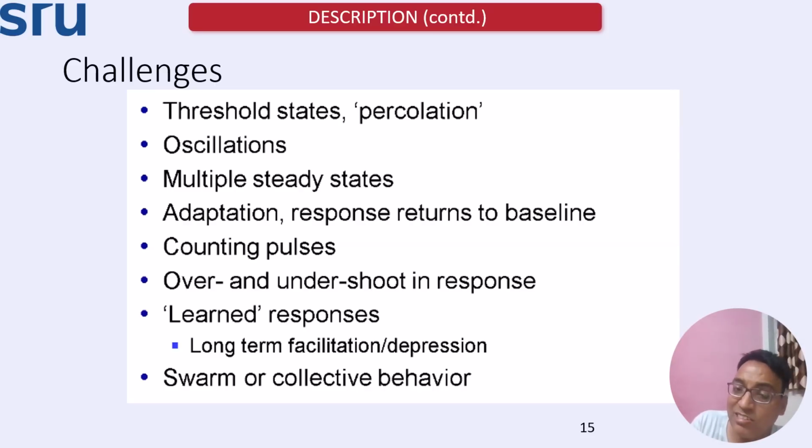But what are the challenges coming up here? Now see the challenges. I hope you might have already understood. The threshold states, the percolation, the variables are too different. The variable values, the different gene values, the expression rates constantly keep on changing. There are multiple steady states. It's not binary, 0 or 1, but there are multiple steady states.